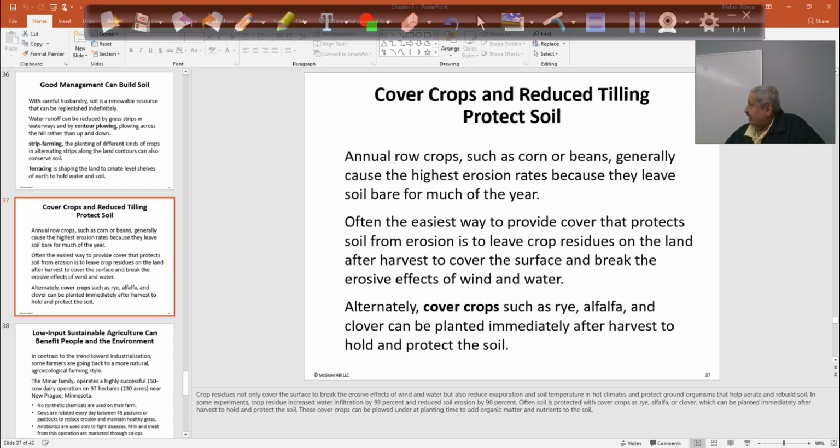Just to protect it, you can plant any type of crop that covers this land for a while, and then whatever you have cropped that you are not using, you can give to the animals as food, to the cows, to the goats, whatever you are raising, so they will eat it. But in the end you have saved your land from being exposed to erosion by wind or by water through flooding.